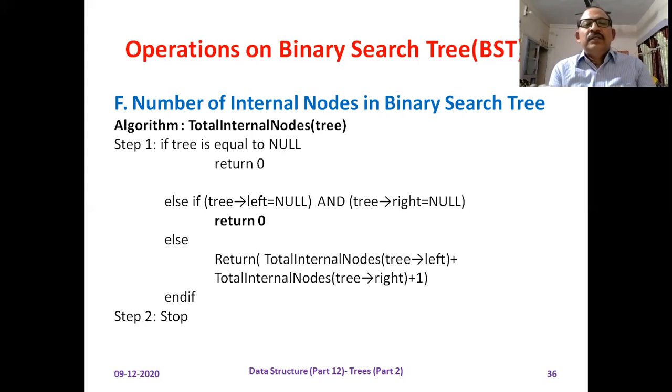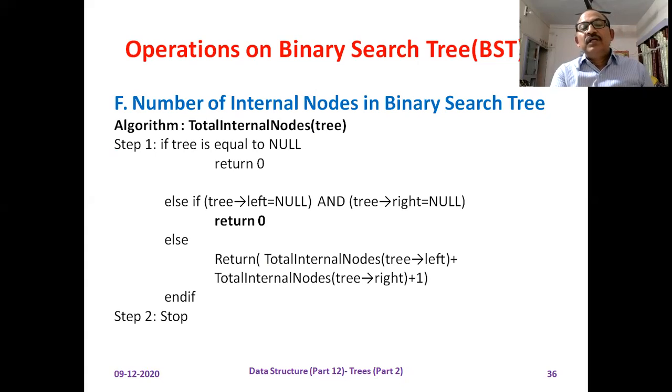Else, tree left is equal to null and tree right is equal to null. What does it mean? Tree left and tree right are equal to null, means the external node, okay, leaf node. If leaf node, we will return the value 0. Here we want to determine the internal nodes, and this condition gives the leaf node.